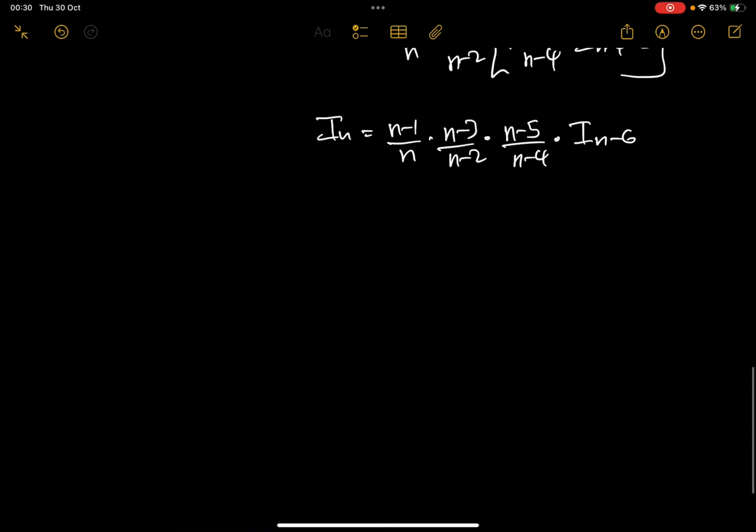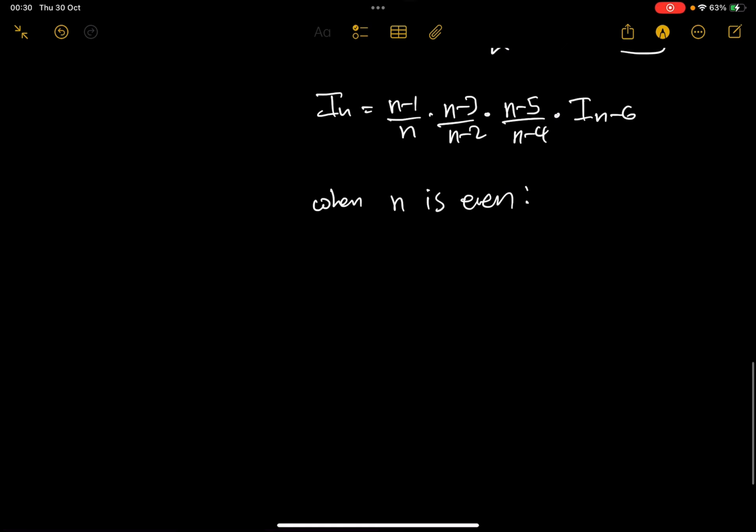So we evaluate this by saying, when n is even, what is going to happen to this iteration? When n is even, n here can be 6, right? Which means there's a point where you're going to have I_0.